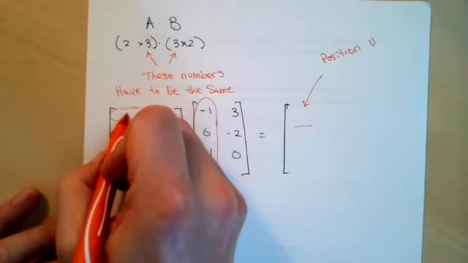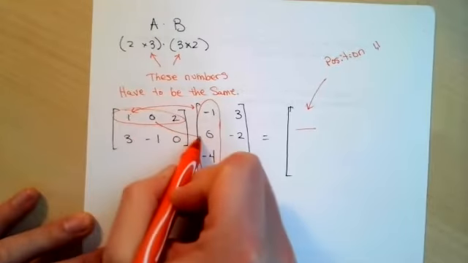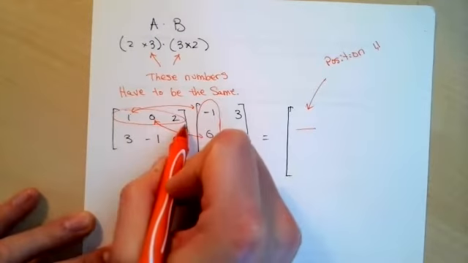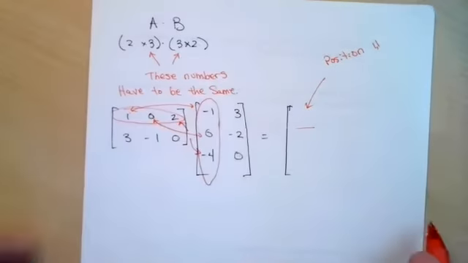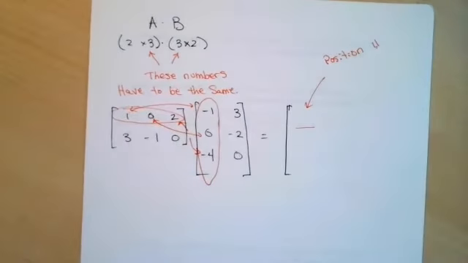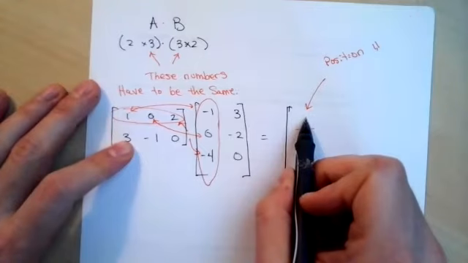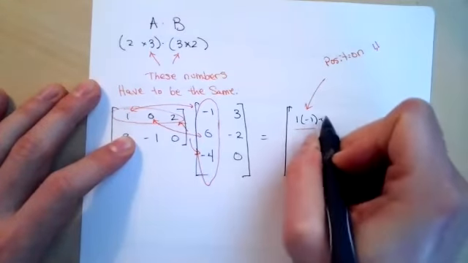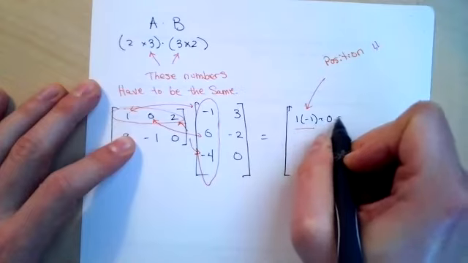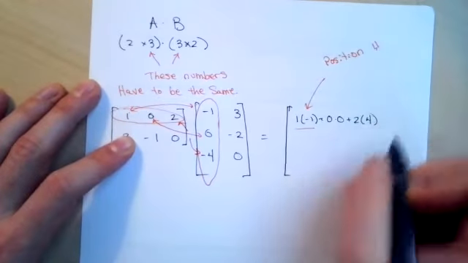Meaning I take 1 times -1, 0 times 0, and then 2 times 4, and then we add those up. So what goes in this position here is going to be 1 times -1 plus 0 times 0 plus 2 times 4.